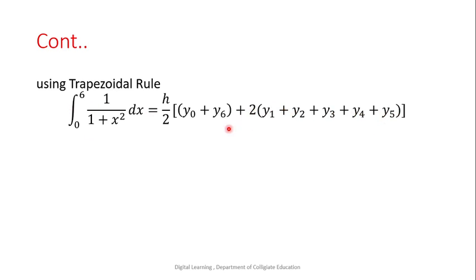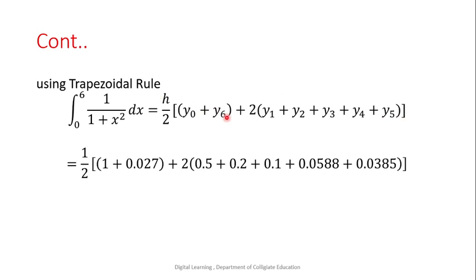Now enter these terms, then simplify. We get the approximate value 1.4108. This is the approximate value of integral from 0 to 6 of 1 divided by 1 plus x square dx. Now we move on to another problem.